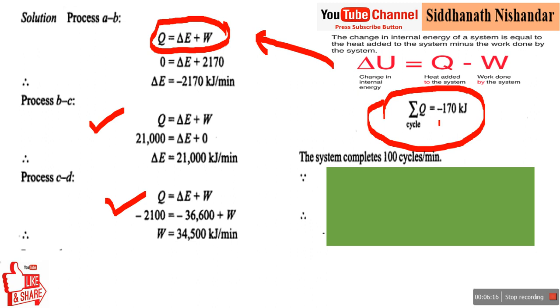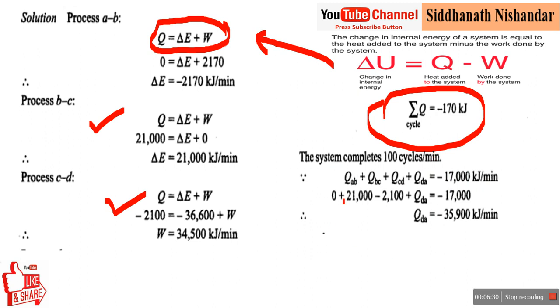They also told us this system completes 100 cycles, and the given data is for each cycle, so it is multiplied by 100. So you can get the total heat rejected per minute, that is around 17,000 kilojoule per minute.